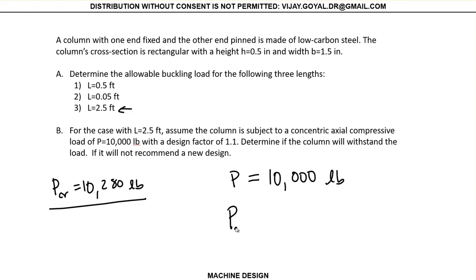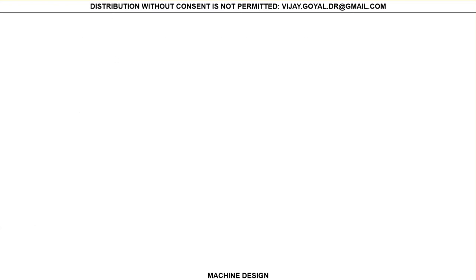And then the P applied in the problem will be nothing else than the design factor times P. In your case, this is 1.1. So this will be 11,000 pounds. As we move on in this particular problem, we know that you have two things: how much is allowable?